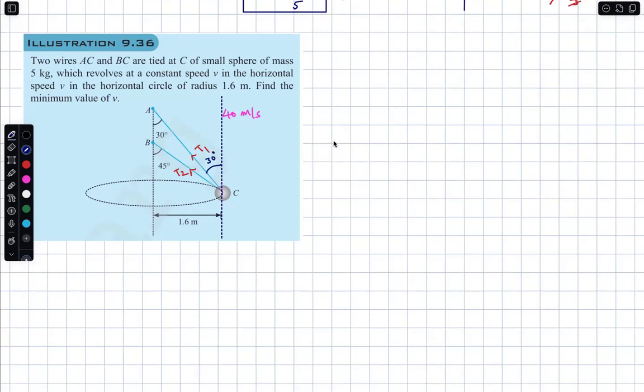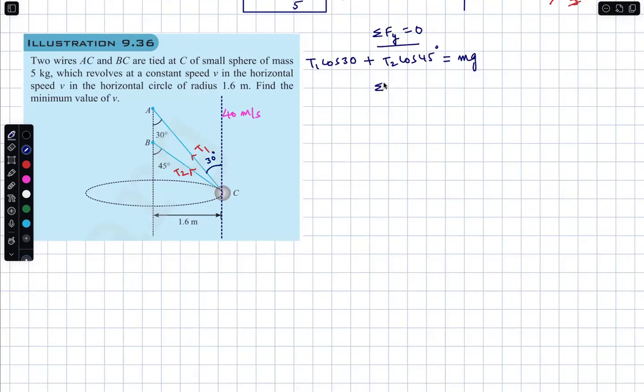So the upward forces: T1 cos 30 plus T2 cos 45 is equal to mg. This equation comes from sigma Fy equals 0, net force in the y direction is 0.